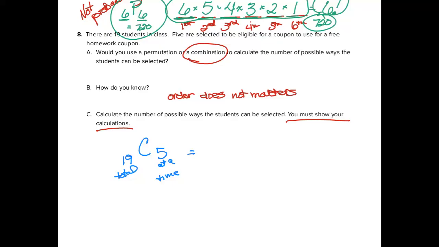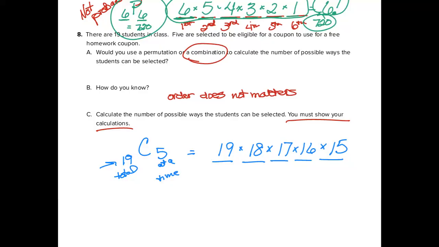You start with the number 19, just like as if it was a permutation, and you do 5 spots. So that's 19 times 18 times 17 times 16 times 15. If we just left it like that, that's a permutation of 19 items taken 5 at a time.